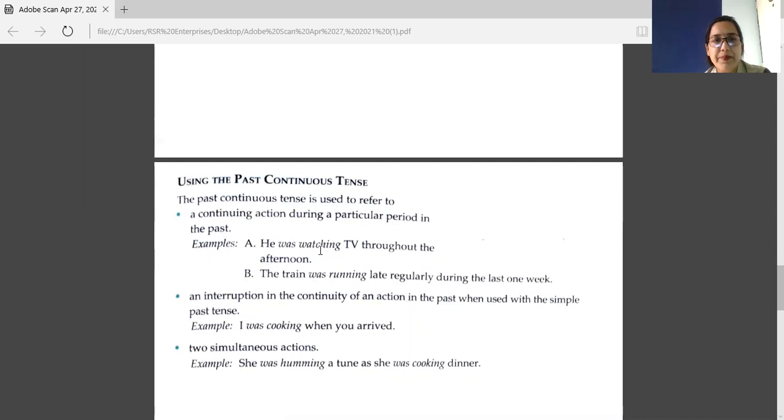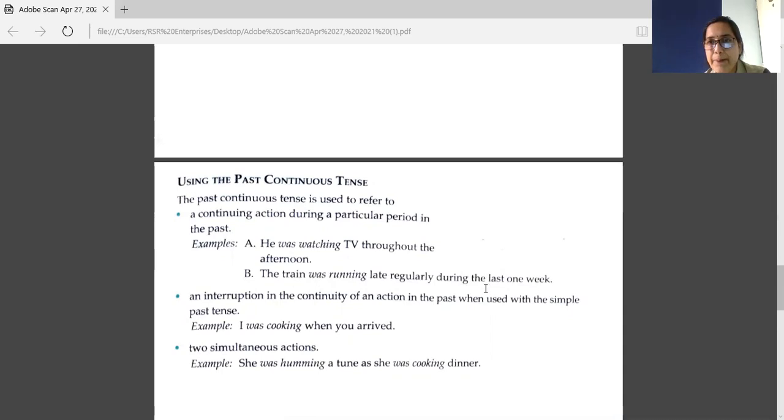See the example. He was watching TV throughout the afternoon. That at this past time, what he was doing was watching. So that action was going on at this time of afternoon. So we have was and watching. So this is past continuous tense. In this condition, you have to use past continuous tense. The train was running late regularly during the last 1 week.